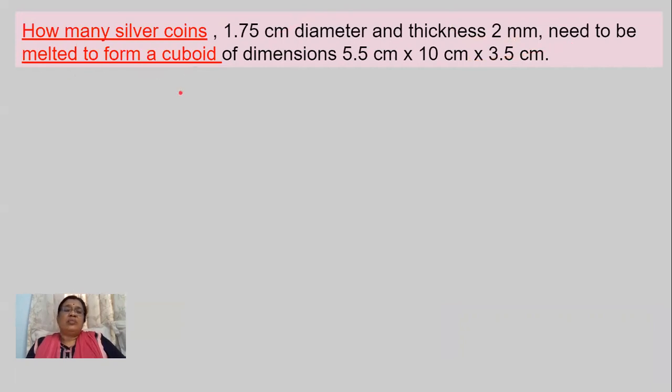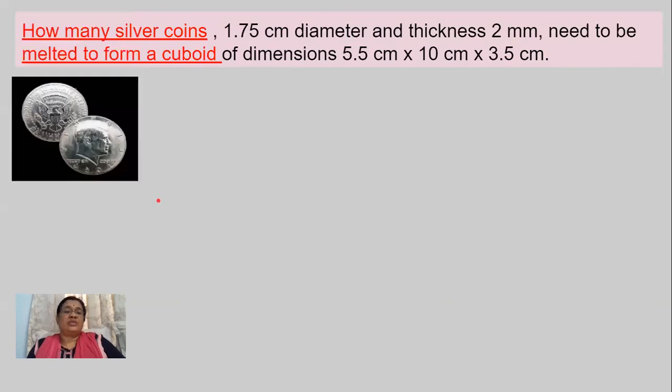Some coins are melted and they are recasted to form a big cuboid. That cuboid dimensions are given. So to form a cuboid with these dimensions, how many silver coins are needed to be melted? That is the question in this problem that you have to answer.